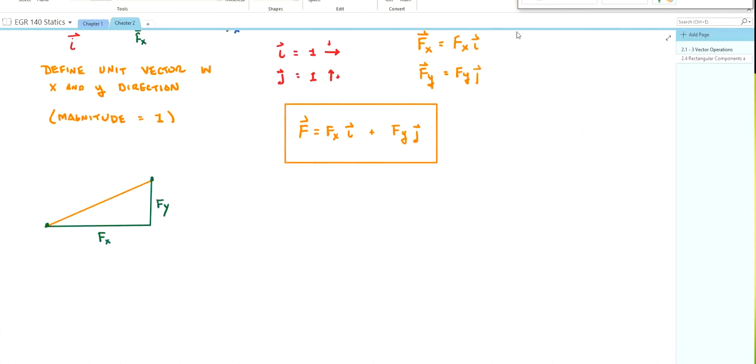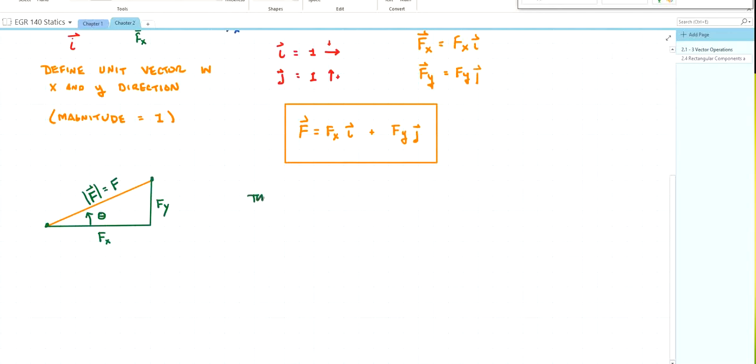So if I draw a triangle with these components so I can do some trigonometry, we know that this has a length of F, the magnitude of F, and we'll just say F. And this is the magnitude of the x component and the magnitude of the y component. Then there's an angle between this and here we call theta.